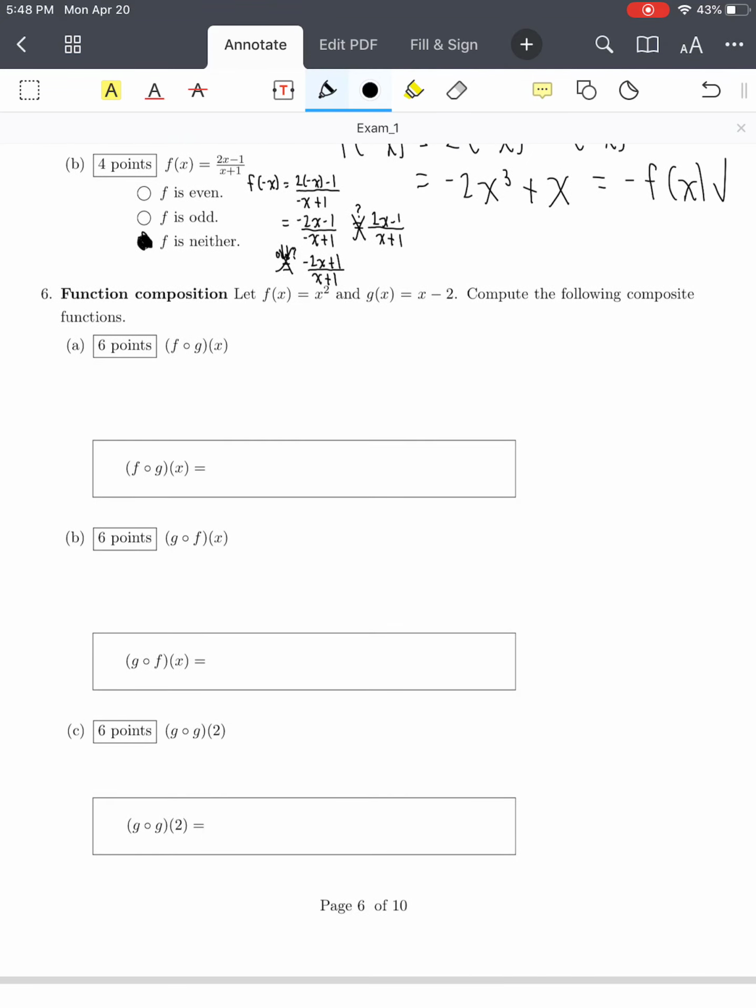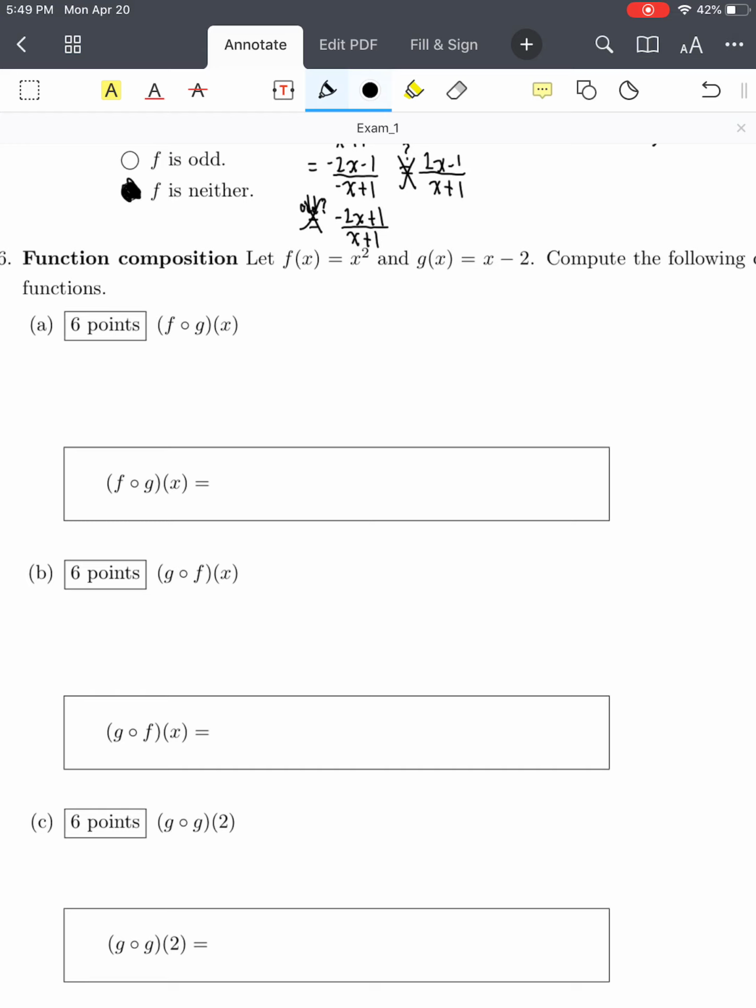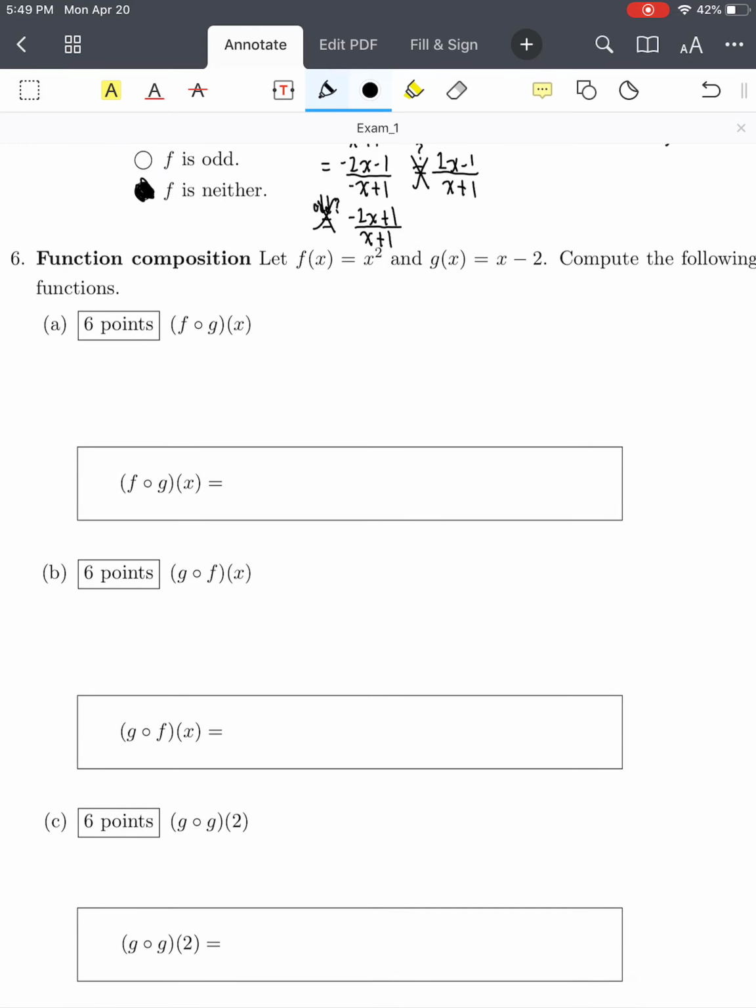Okay, then problem 6 has to do with function composition. Let's say that f of x equals x squared and g of x equals x minus 2. Compute the following composite functions. So f of g of x. I always like rewriting these as f of g of x, and that helps me visualize better what's happening. We're basically taking the function g of x and plugging it into the x for f of x.